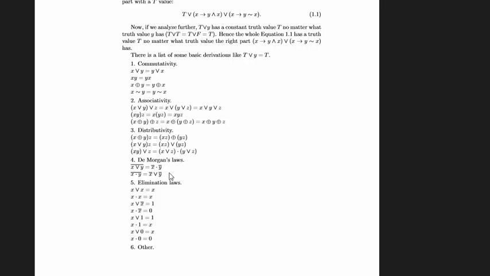And the last one, the Morgan rules, and this line over x and y means negation. Just remember it. I will show it in examples when I solve some problems. And this all is elimination rules.